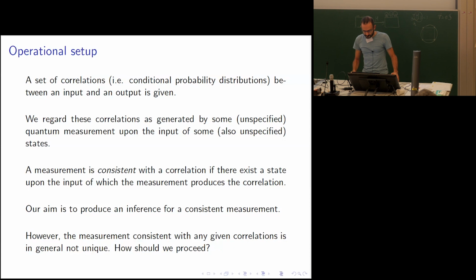And of course, if you use consistency alone, then you have to go to a bipartite setup like self-testing, Bell violations, in order to be able to single out a single measurement. That's not what we want to do. We want to stick to this prepare and measure setup. So consistency alone does not single out a unique measurement. There are many measurements that are consistent with what we have seen.